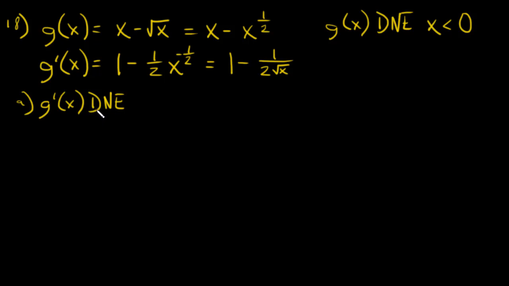If it doesn't exist in the original function, it's definitely not going to exist in the derivative. But I do need to look to see if there are any values that the original function was fine at, but the derivative has a discontinuity.